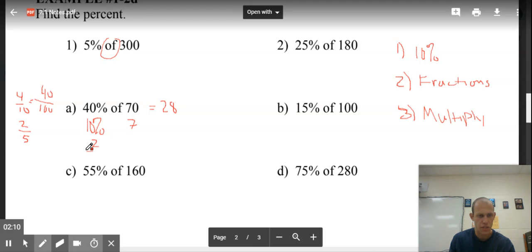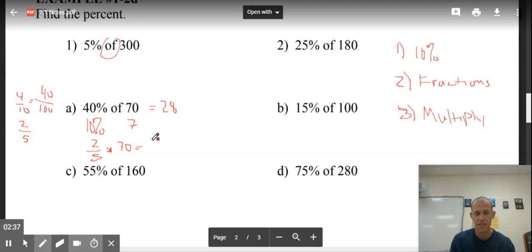I'm just going to write it as 2/5 times 70. I really like to work with fractions, and it's really nice with 5s because 5s divide into multiples of 10. So 70 divided by 5 should give me 14. But now I have to multiply that by 2.